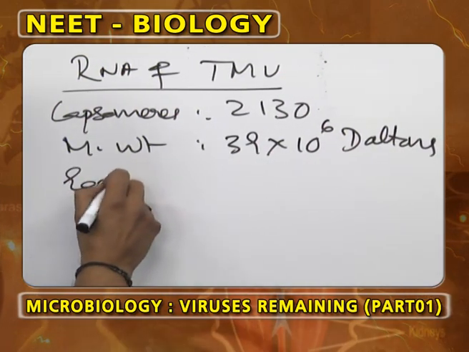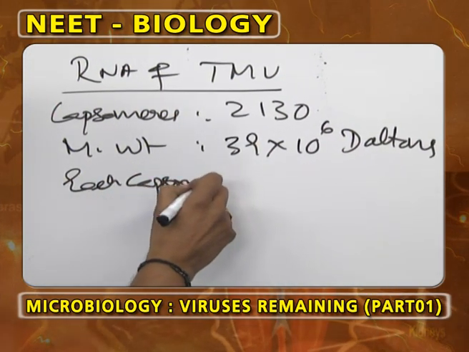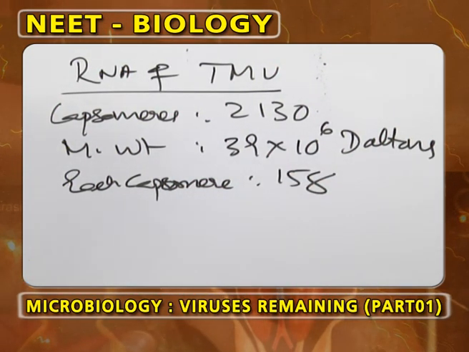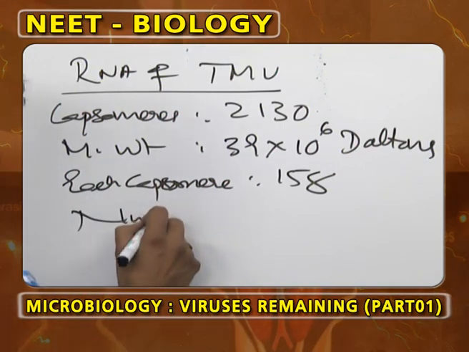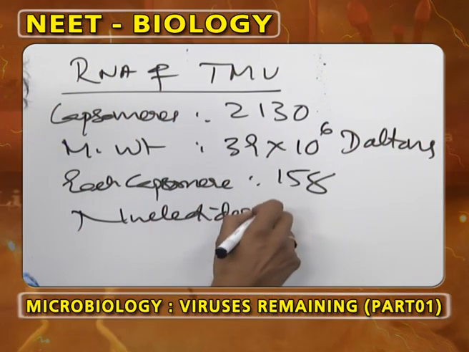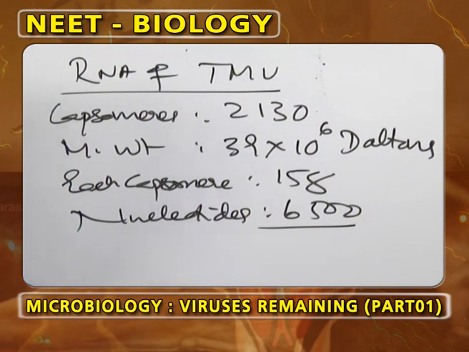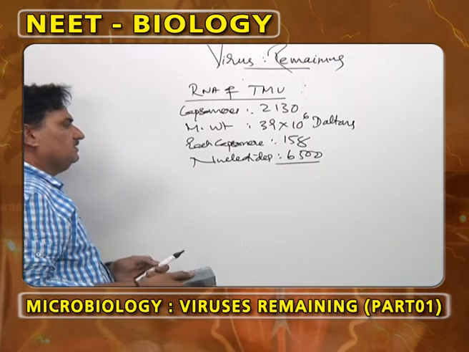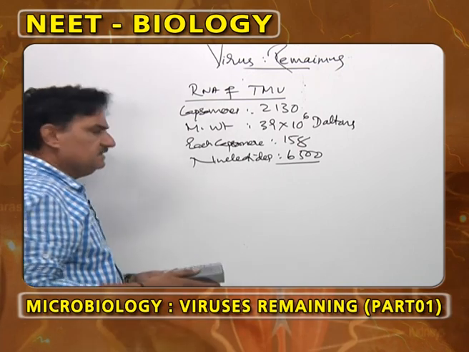Each capsomere contains 158 amino acids. Then the nucleotides in RNA will be 6500.